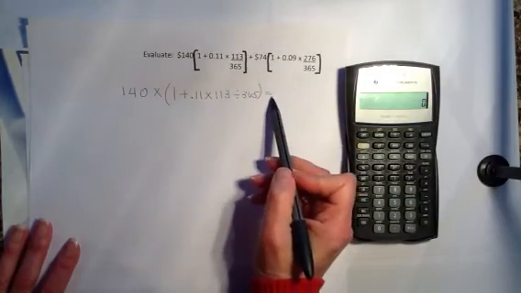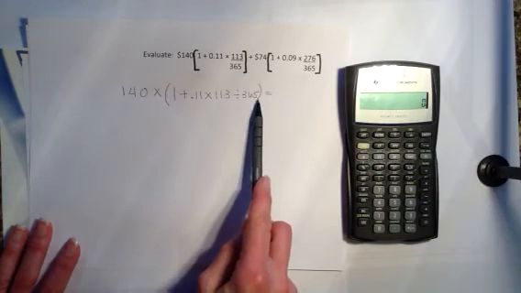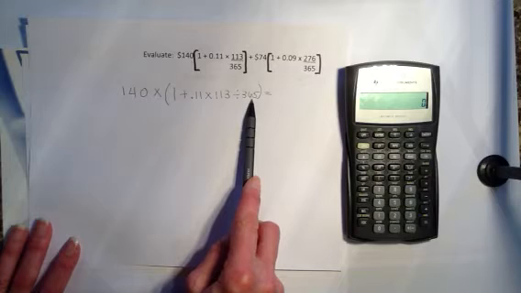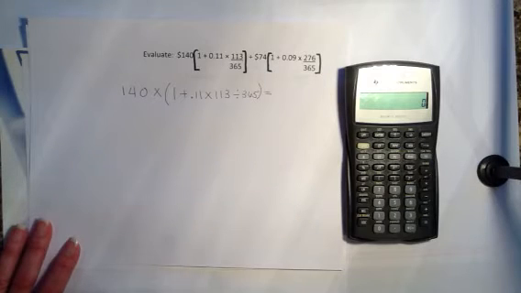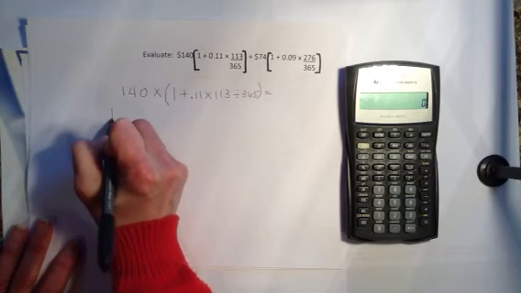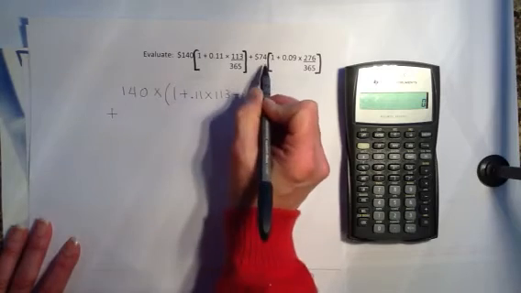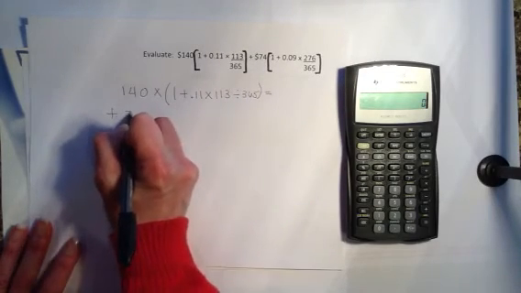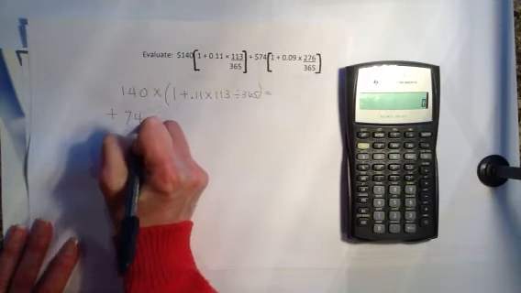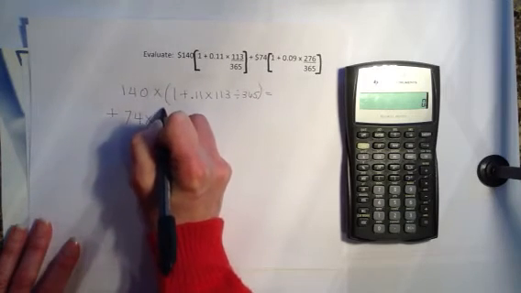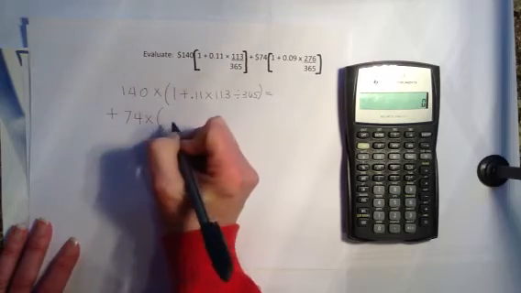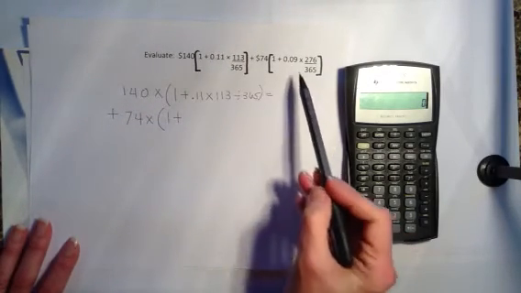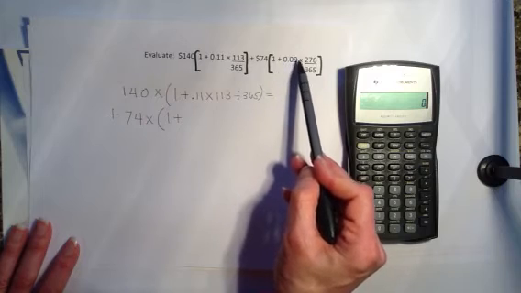By pressing the equal sign, it will actually calculate the entire value of this first expression. So then what we need to do is add to that this expression's value. So we're going to type in 74 times, and then type the bracket again, 1 plus, now you'll notice here we have a 0.09.